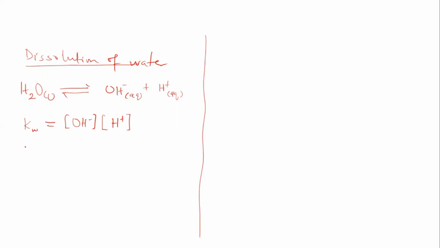Now at 25 degrees C, the Kw is actually 10 raised to the power minus 14. And so we have 10 raised to the power minus 14 equals OH minus times H plus.